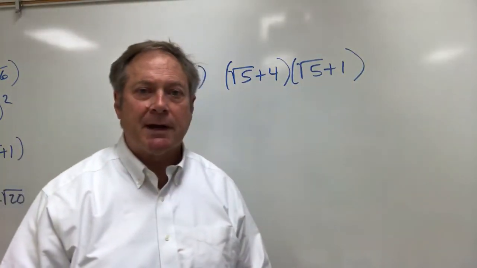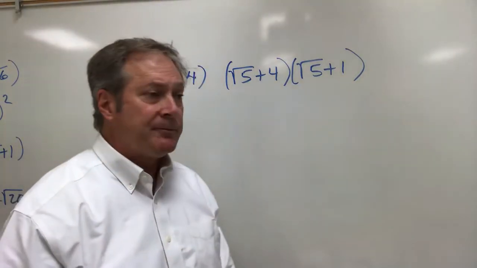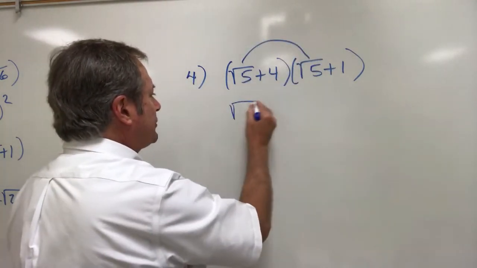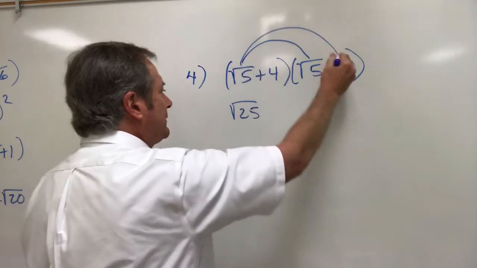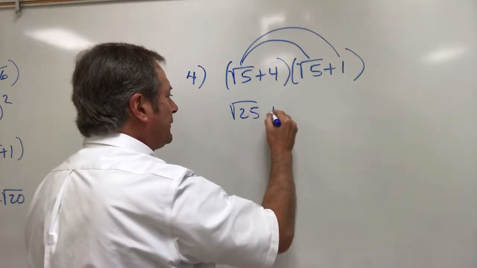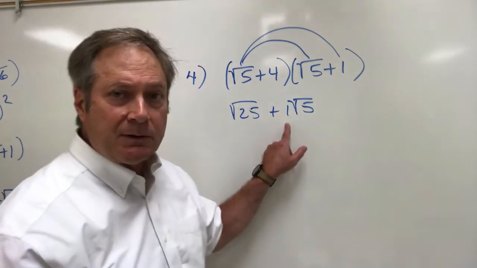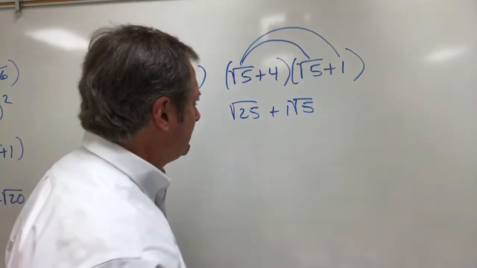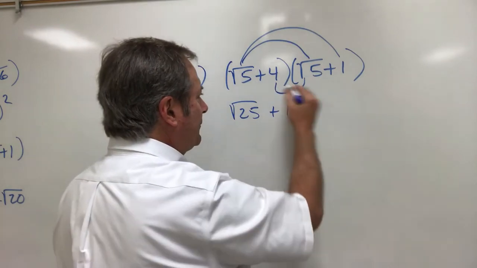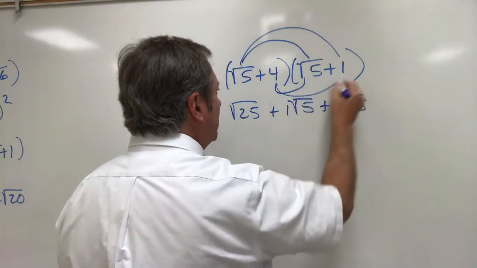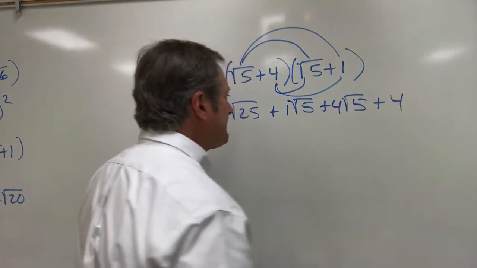All right, here we've got, what number is this? Number 4. And so we're going to go square root of 5 times square root of 5, square root of 25. Square root of 5 times 1 is plus 1 square root of 5. Normally, I don't put the 1 there, but I just want you to see what we're doing when we combine those. 4 times the square root of 5 is 4 square roots of 5, and 4 times 1 is 4.